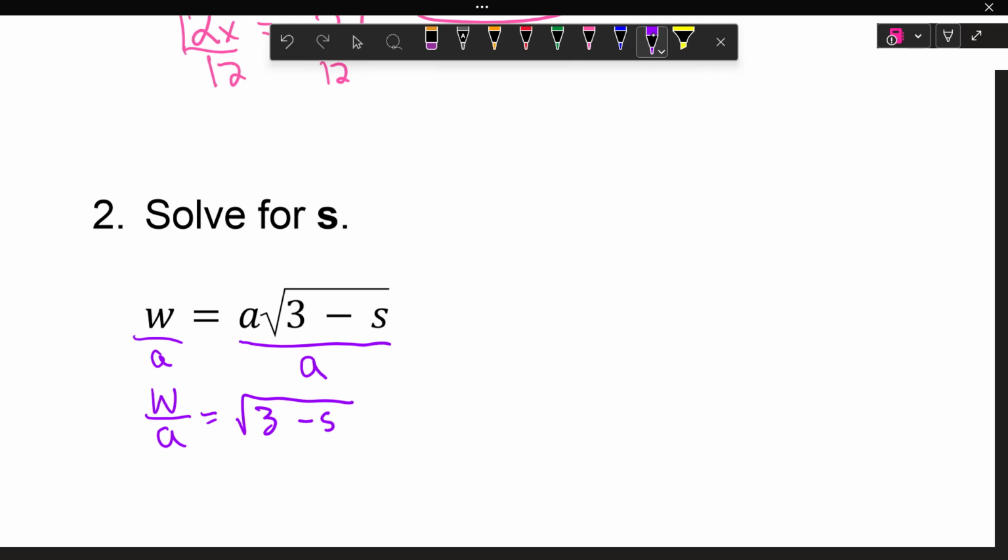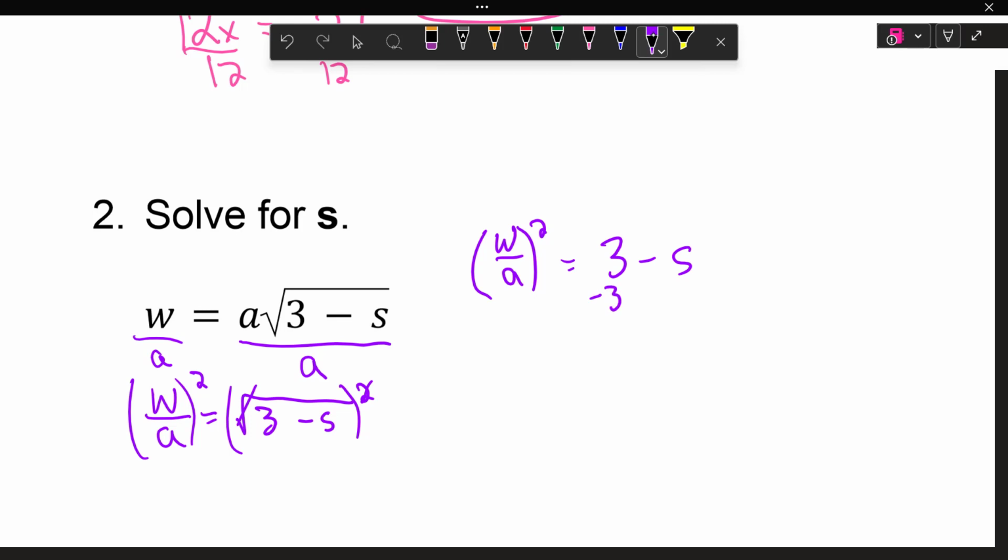Now our square root's by itself, so now we can square both sides. So it gives us (w over a) squared equals 3 minus s, as the square root and the squared cancel out. Then we subtract 3. So we have (w over a) squared minus 3 equals negative s.